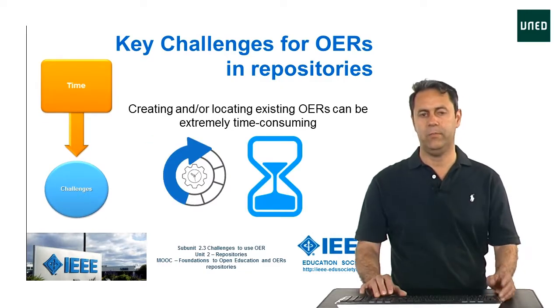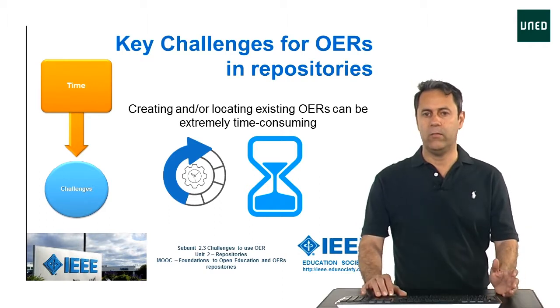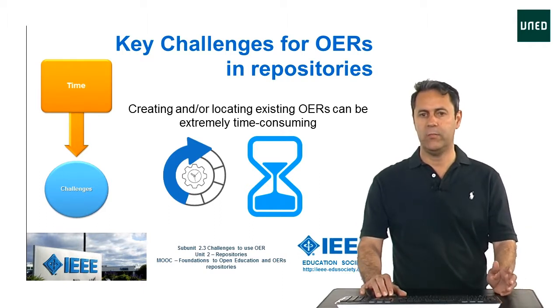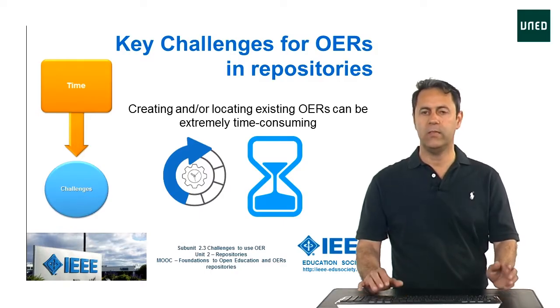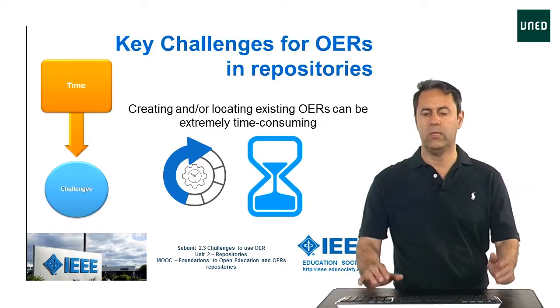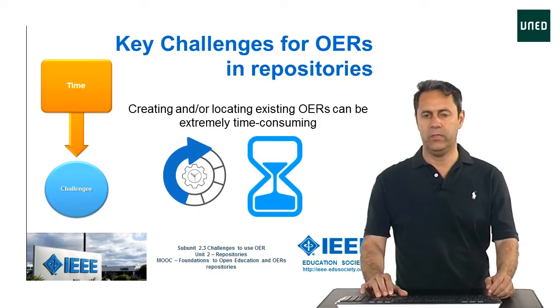Next, time. Creating or locating existing open educational resources can be extremely time-consuming. So, for that reason, the faculty members need support from the institutions to be well prepared for this.